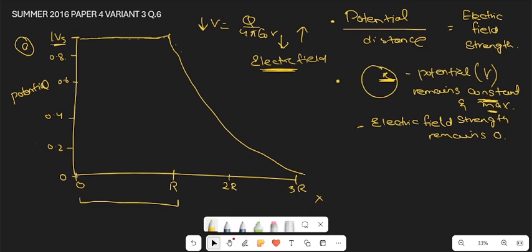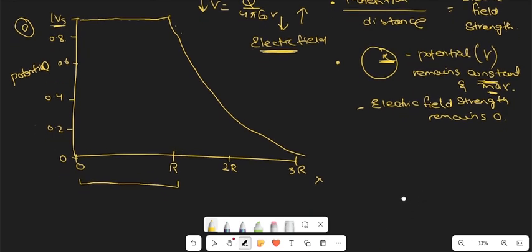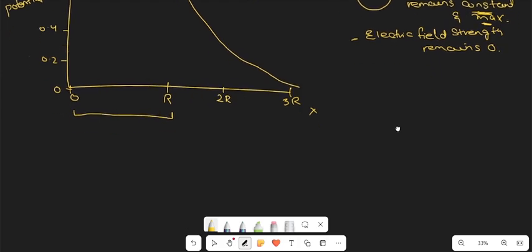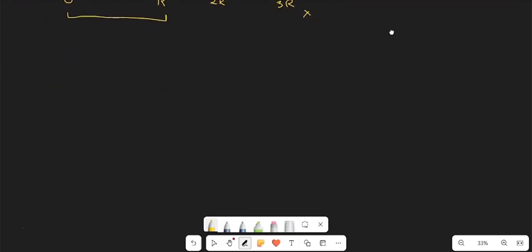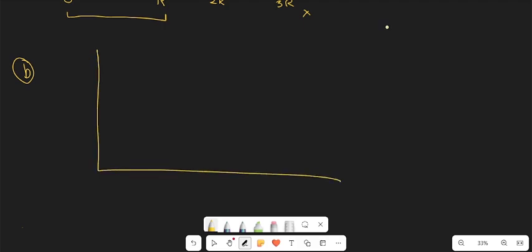And now for the B part. B part says, on the axis of figure 6.2, show the variation of the electric field strength with the distance x from the center of the sphere for values x, and then again. Now this graph is for electric field strength against distance.